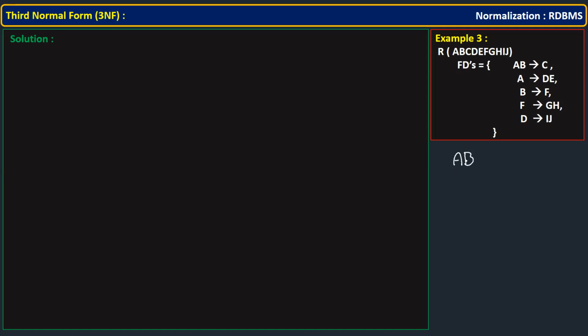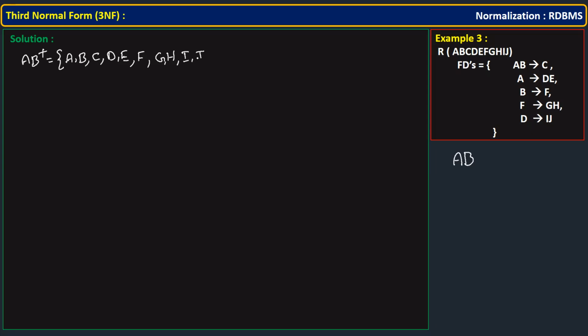Okay, so the very first thing is to find the closure of these two first of all. So let us find the AB closure first. So A and B. Now AB derives C, note it down, and A derives DE, take DE, and B derives F, F derives GH, and of course D derives IJ.